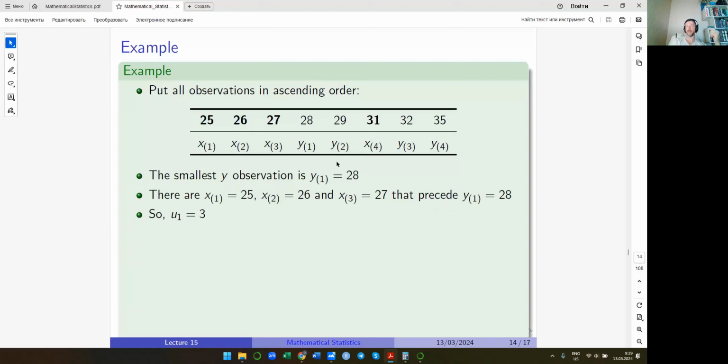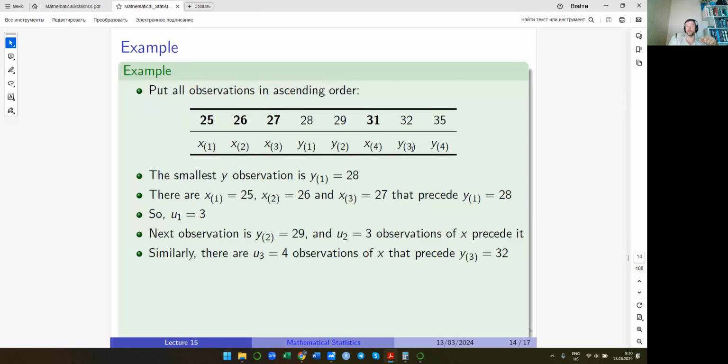Now I move to the next observation of Y, which is 29. And again, to the left of 29, I see 3 observations of X. So there are 3 observations of X that precede this next observation of Y. Now, the third observation of Y has 4 observations of X before.